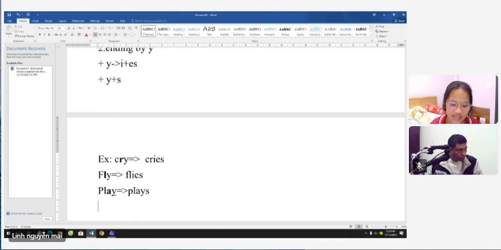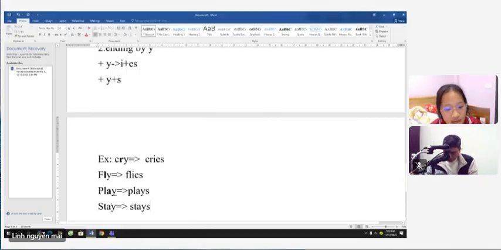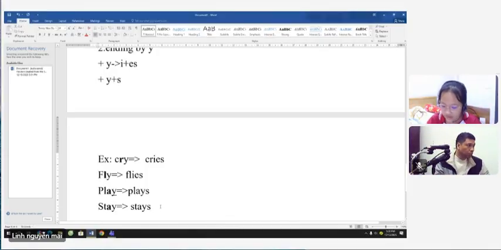Or another word, stay. Stay will become stays. Because here is quite the same as play, because before the y, there is the letter a. This is a consonant and this is a vowel, okay? So it is really easy, right? Because you have learned it before.